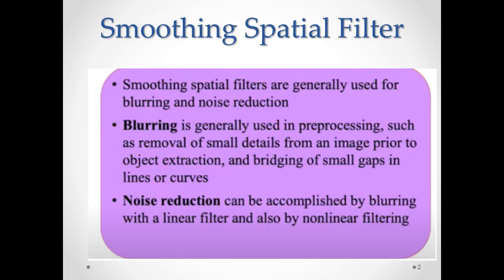In this lecture, let us understand smoothing spatial filters. Smoothing spatial filters are generally used for blurring and noise reduction. Blurring is generally used in pre-processing, such as removal of small details from an image prior to object extraction.